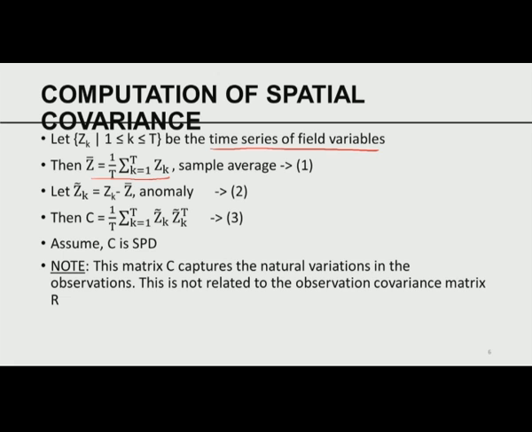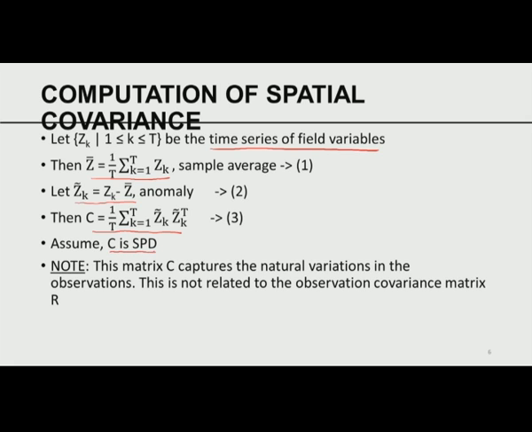Zk is the vector, z bar is the vector. I am taking the average of capital T number of observations. Z tilde k is the vector of anomalies. Earlier I talked about the individual anomaly, now I can collect them in a vector. If the vector of anomaly is known, I can now compute the covariance matrix as z tilde times z tilde transpose, summed over k.